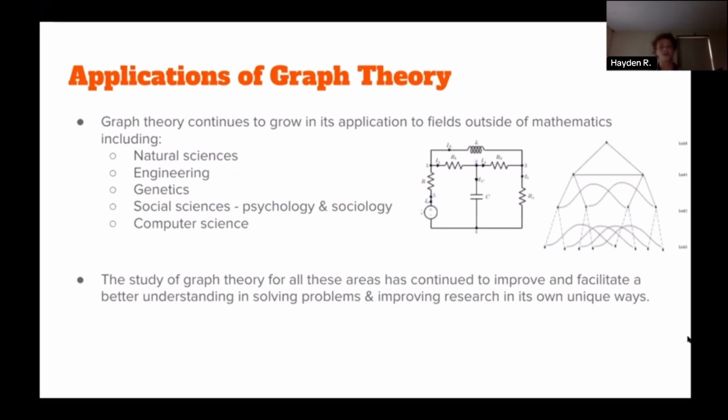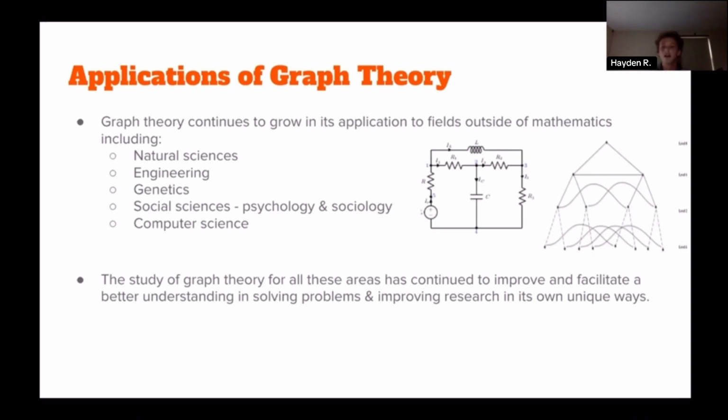And so graph theory can actually be applied to a lot of things outside of math. Some of these places include natural sciences, engineering, genetics, social sciences like psychology and sociology, and computer science. So if you look at that first graph to the right, you could see that is from electrical engineering, and you can see the relations between all the vertices and the edges and all the components, so you could better understand electrical engineering.